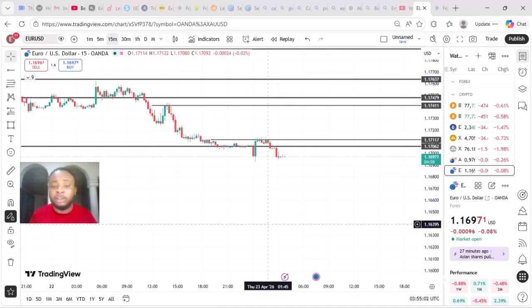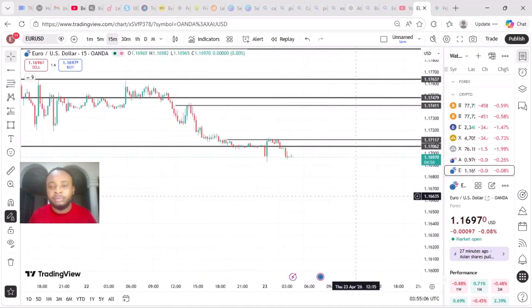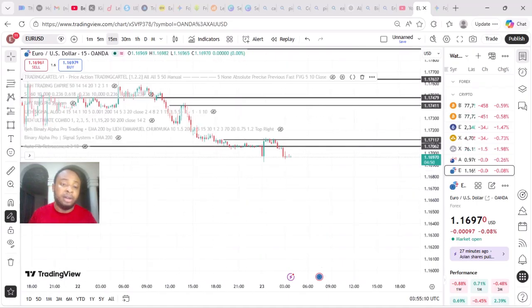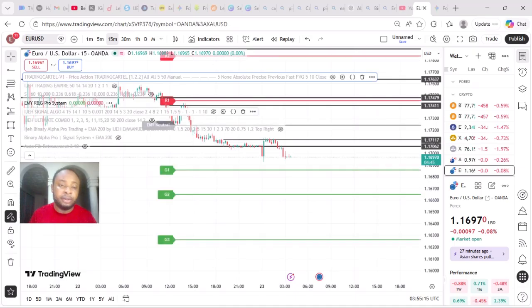Your SL, take profit, this. But for this trade, I won't even advise you to take it, but it's already close to your target. So what you are going to be looking for is more of buy, probably here or here.